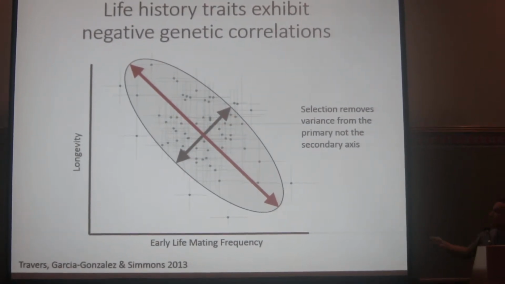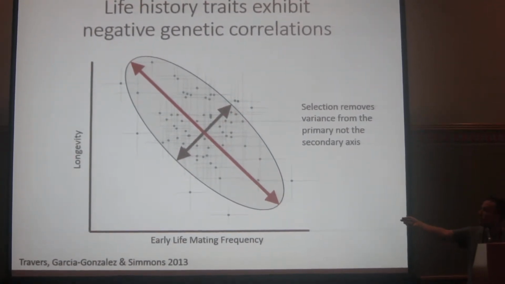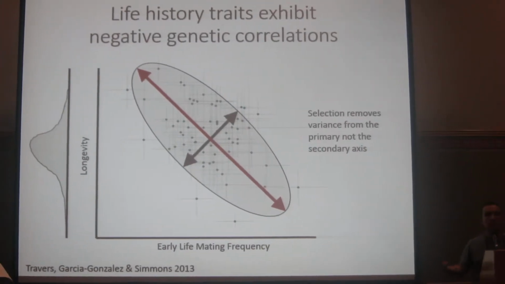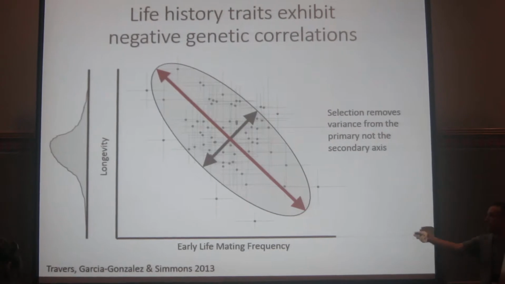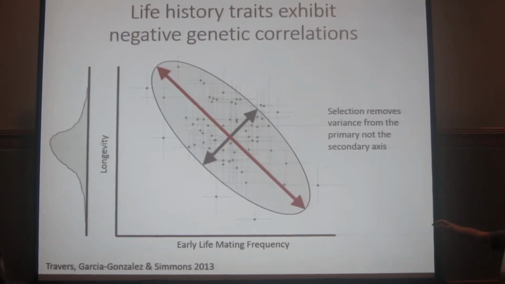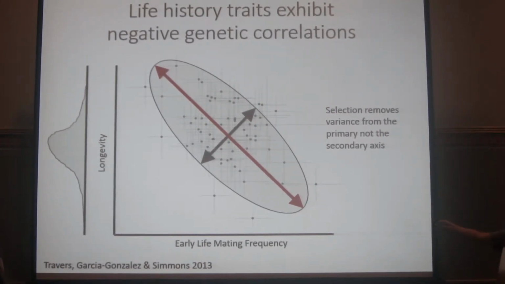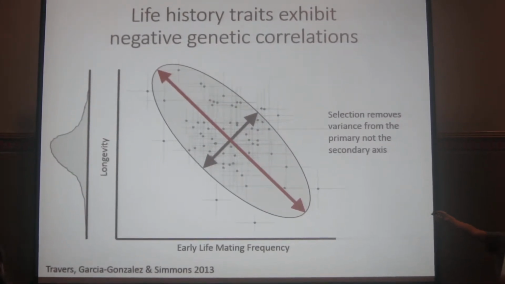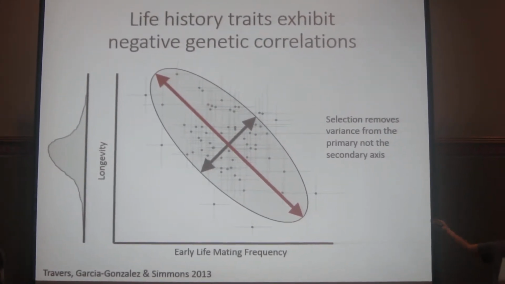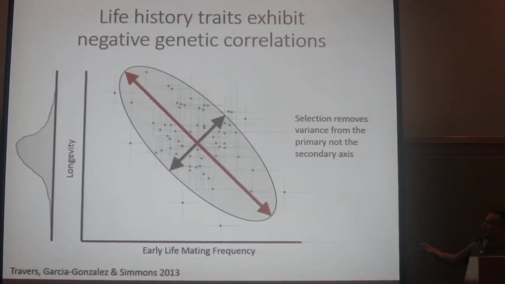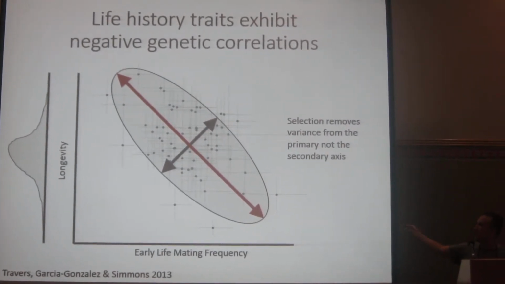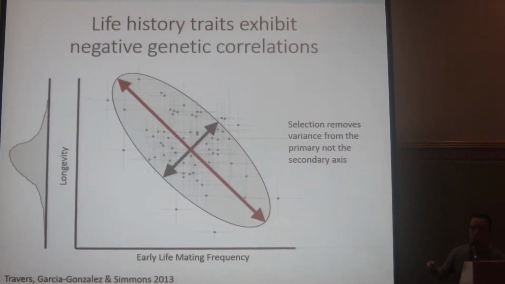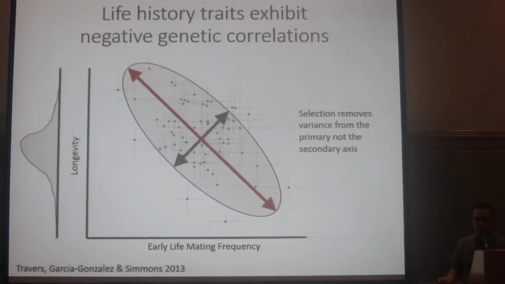And so when we look at individual traits and measure the variance in these traits one at a time, for example longevity, we'll find large variances, but in reality we actually have smaller variances that are relevant to selection, right? And so this basic shape of the distribution can explain the observations that we see for life history traits.